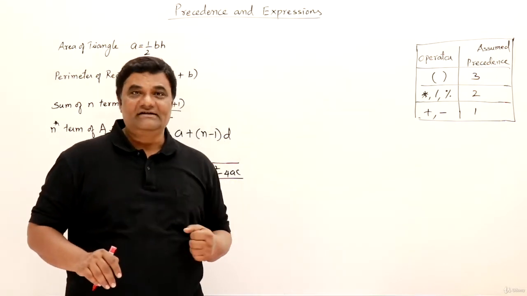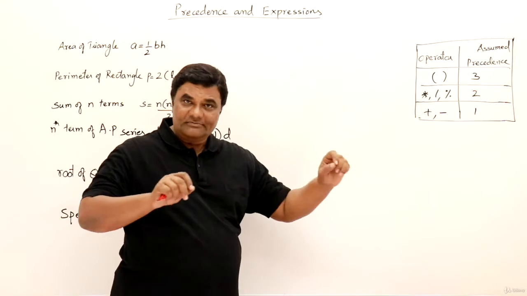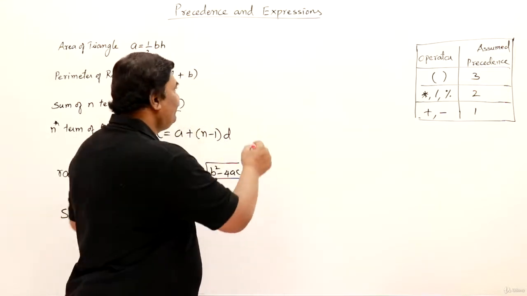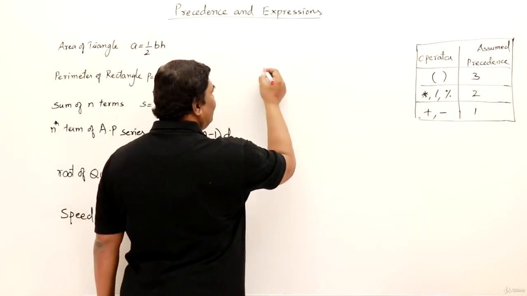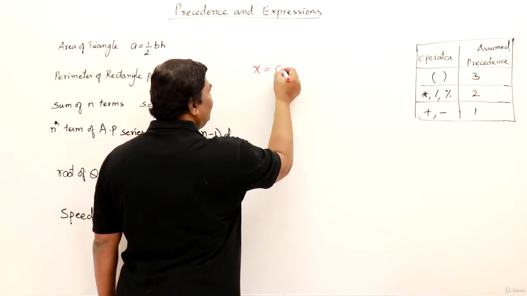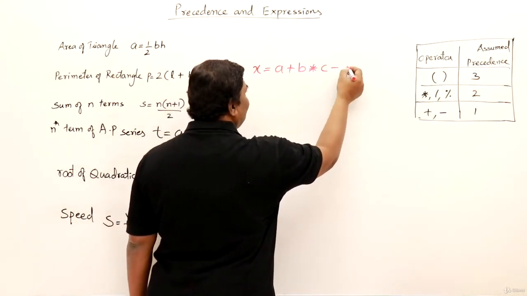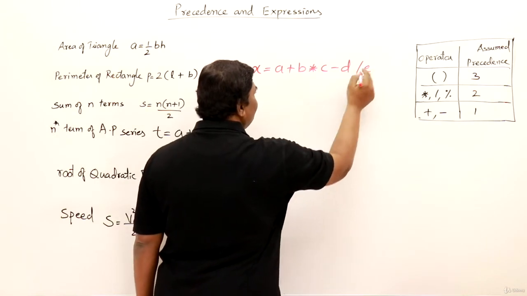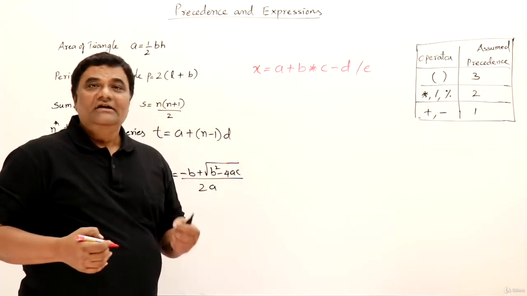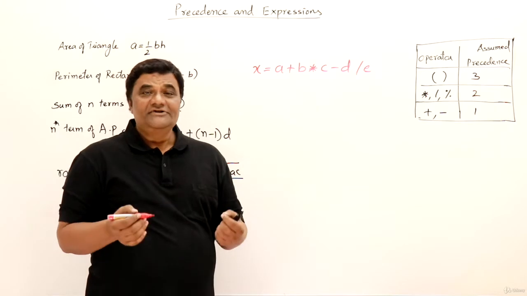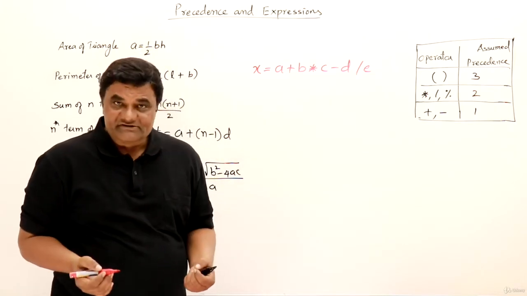Now how does precedence affect things? Let us understand that. I will simply write one formula, then I will show you. Suppose I write x assigned with a plus b multiplied by c minus d slash e. This is the formula I have written. Now in this formula, which operator gets executed first?